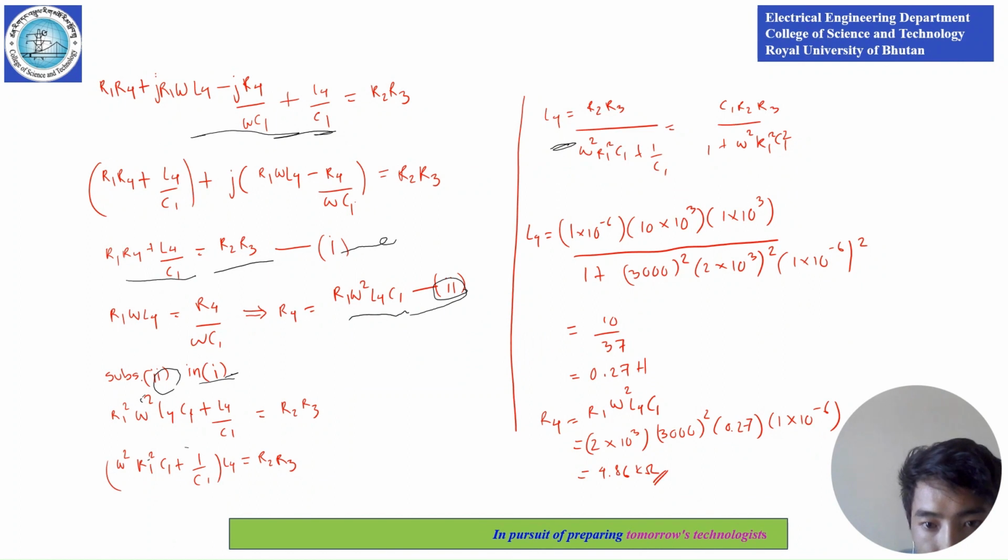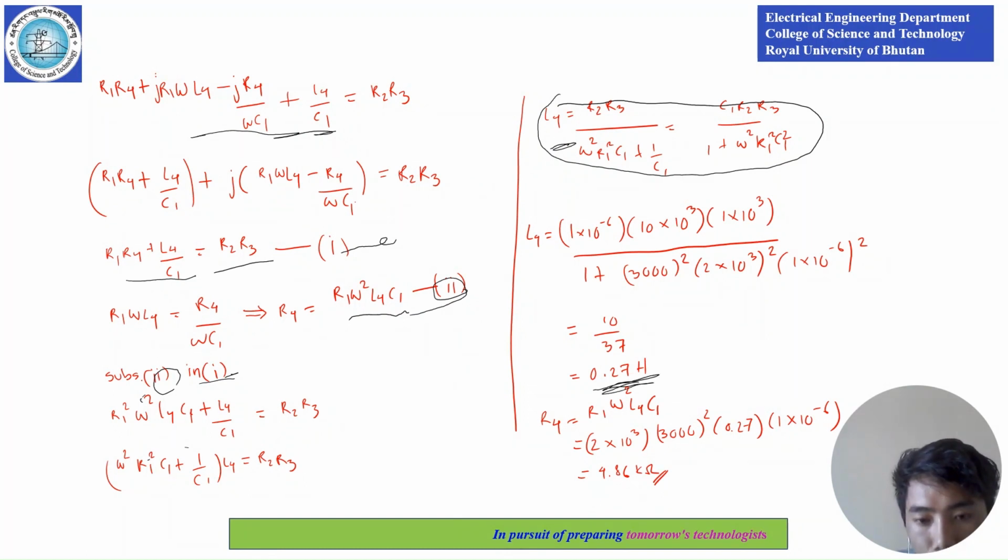So we got the equation for the unknown inductance. Upon substituting the values of resistances and capacitance in this equation, we get the inductance 0.27 Henry.